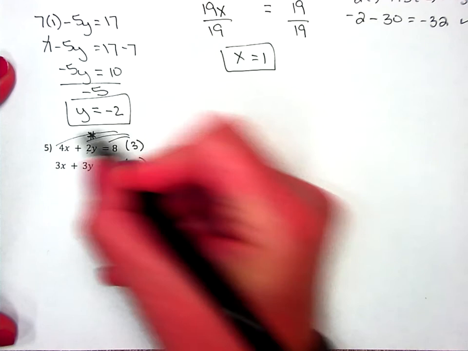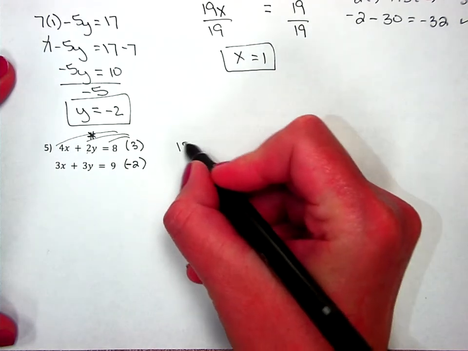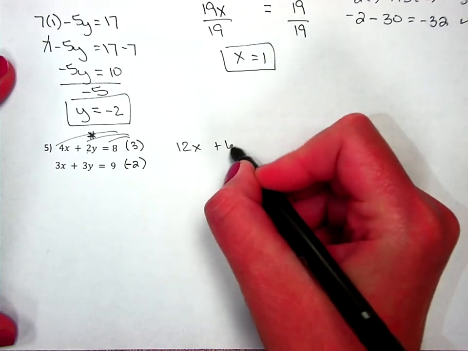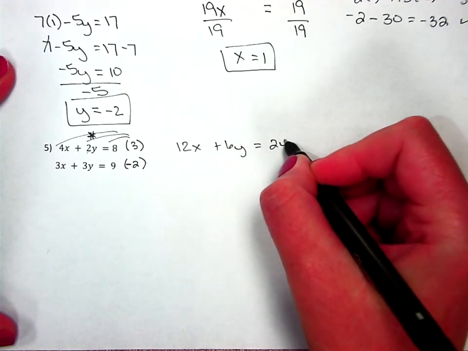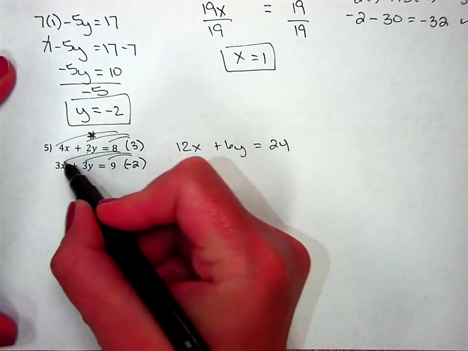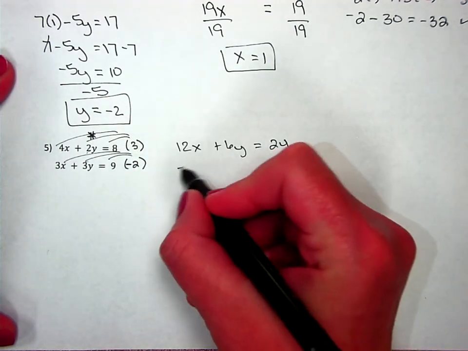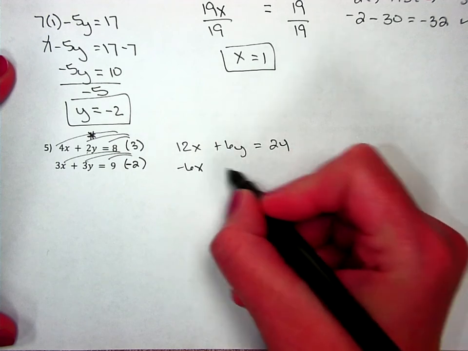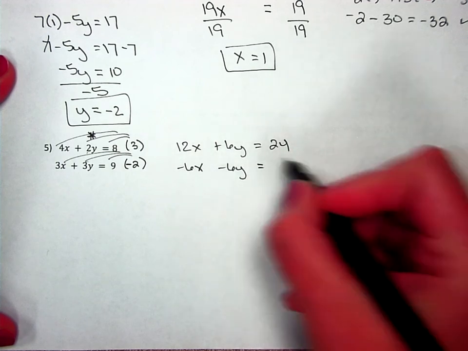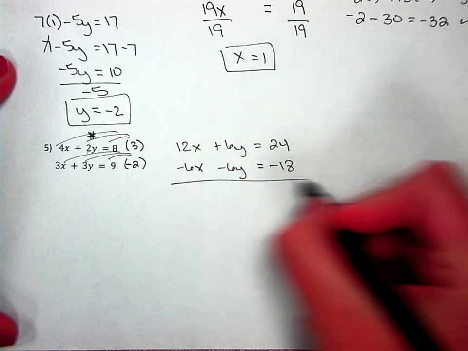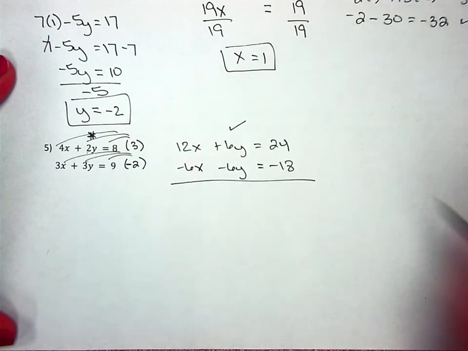So I'm going to distribute the 3 all the way through and get 12x plus 6y equals 24. Distribute the negative 2 all the way through. Negative 6x minus 6y equals negative 18. Alright, I have opposites.